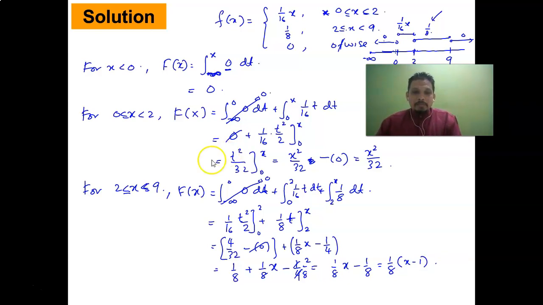Okay, so it's not ended yet. We get another one here: 4x greater than or equal to 9.